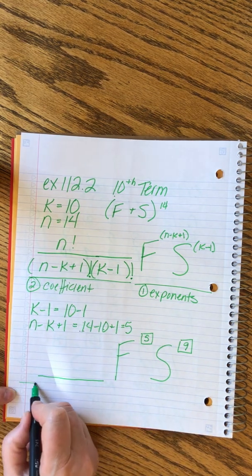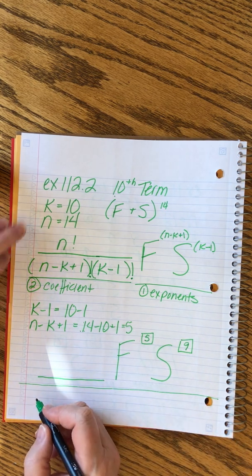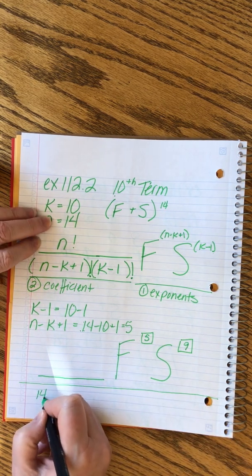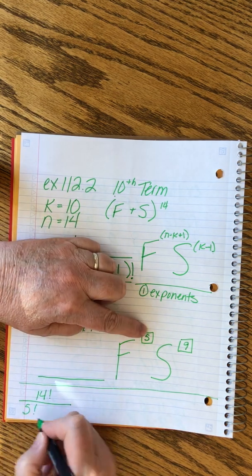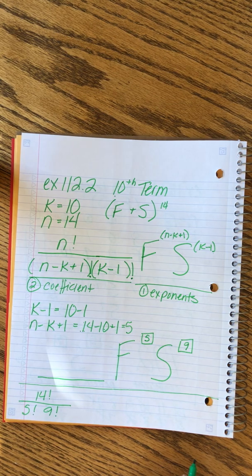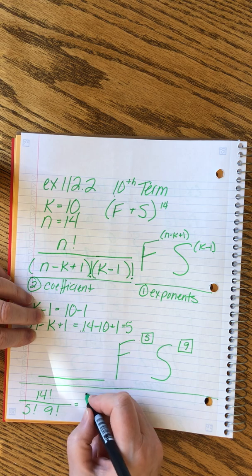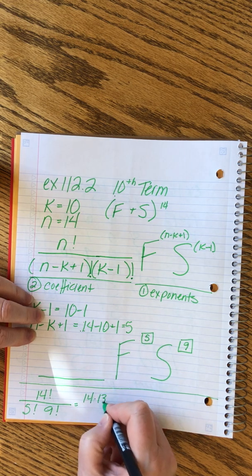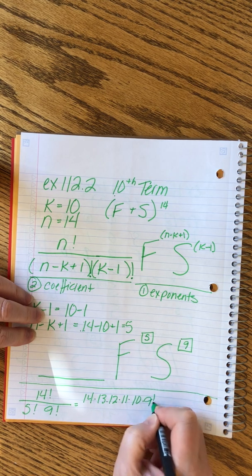And I'm gonna do it down here. It's gonna be 14 factorial over 5 factorial times 9 factorial. All right? The 9 factorials are gonna cancel. I'm gonna set it up that way. 14 times 13 times 12 times 11 times 10 times 9 factorial.